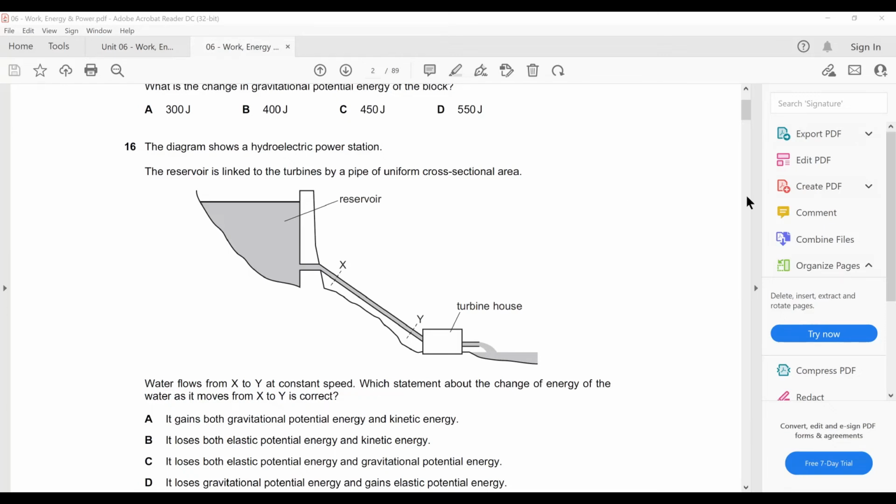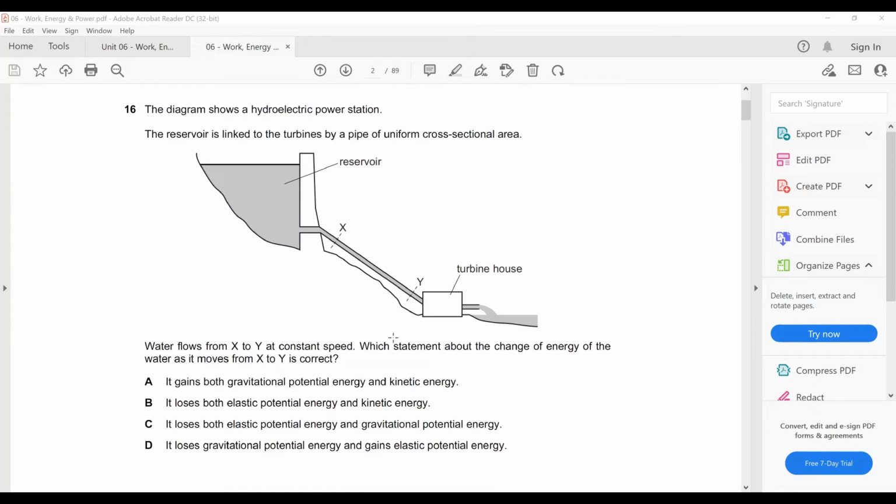Water is moving, sorry, let me just show you the whole thing. Water is moving from X to Y. Now there's a key term here that you should see. Water is flowing from X to Y. Constant speed means no change in speed. When you have no change in speed, no KE change.